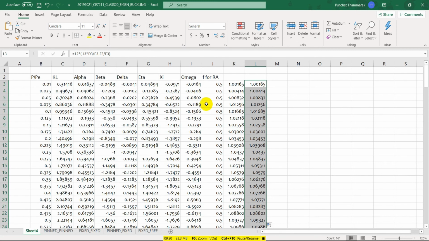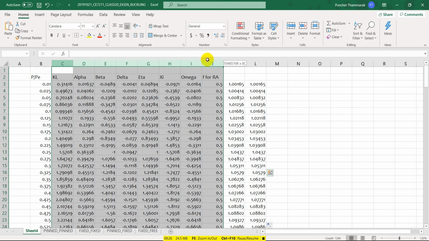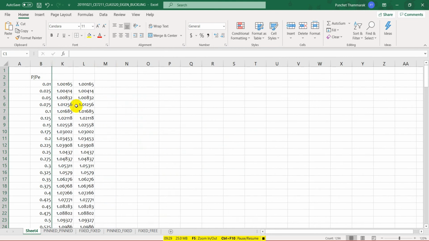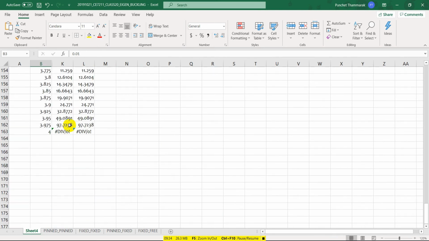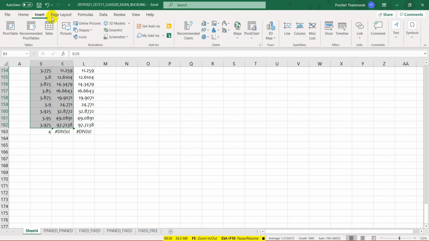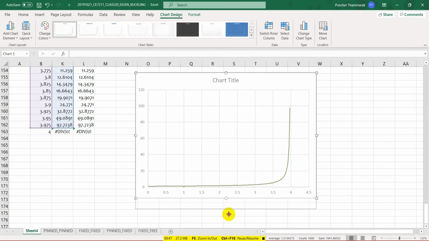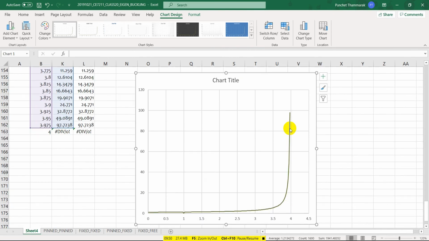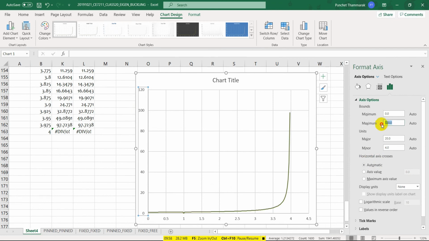So we will plot between. Okay, this looks terrible. Okay, we insert the plot. So you can see something like this. Let me adjust. This magnification factor goes to 100. That will be crazy.